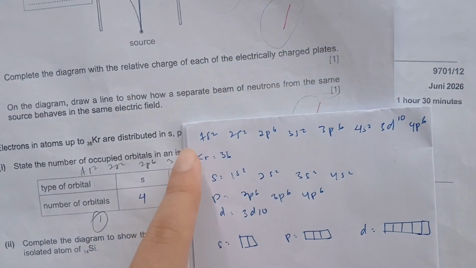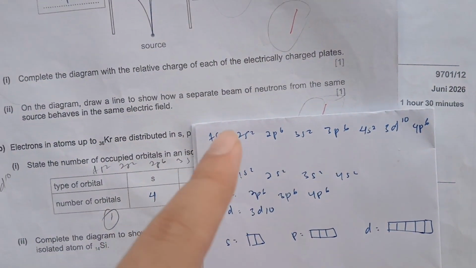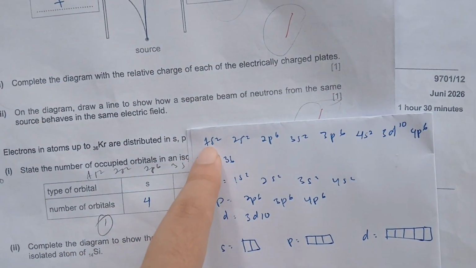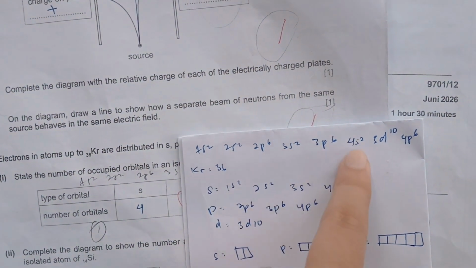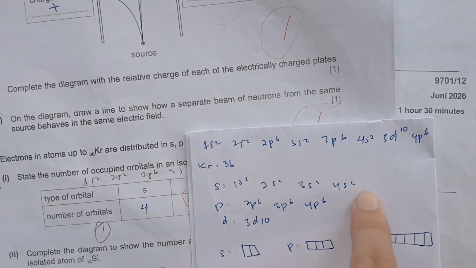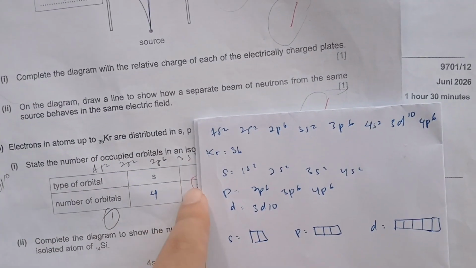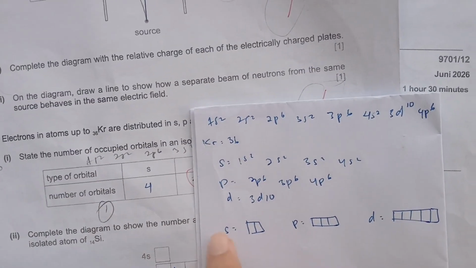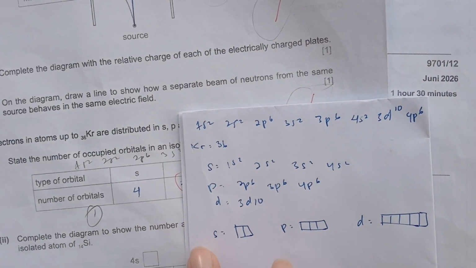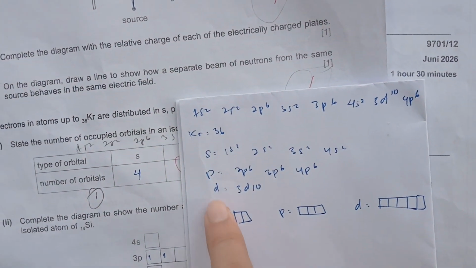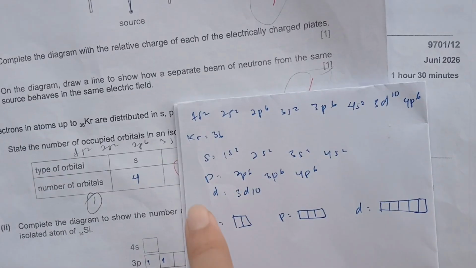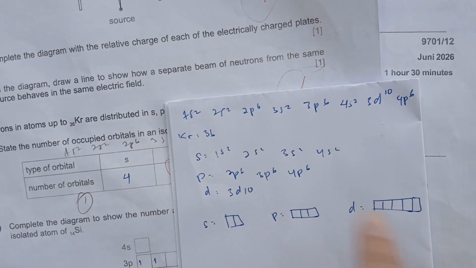Which ones are the s subshells? This, and this, right? How about p? You do the same way as d. The s subshell has 1 block that can be filled by electrons, while p has 3 and d has 5.